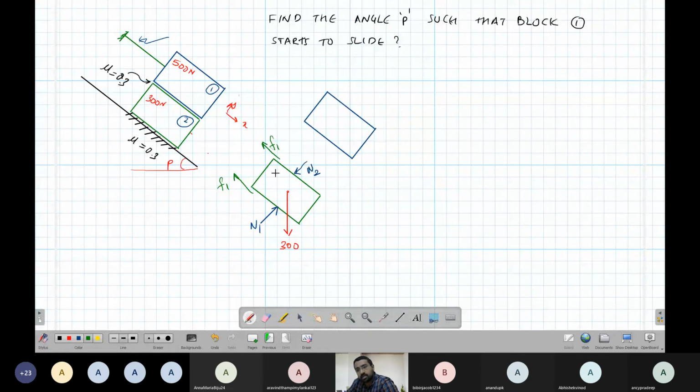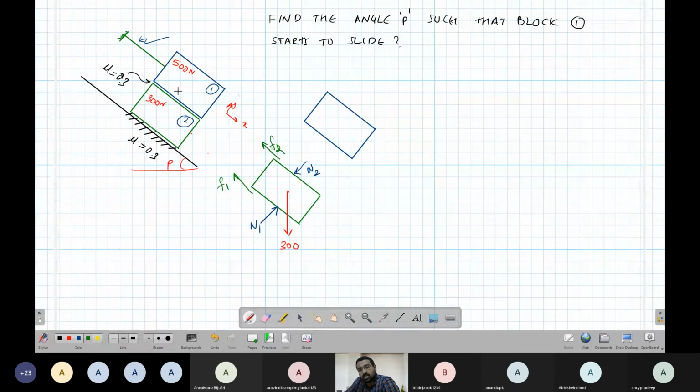This friction is because of this contact. This is called F2. Well, the question is, what is the direction of the friction? What you have to see is, with respect to this box, how is it moving? We have to see the relative direction, the direction of the force.